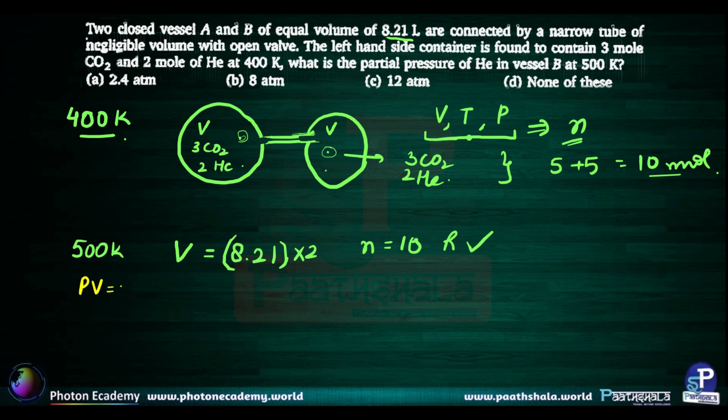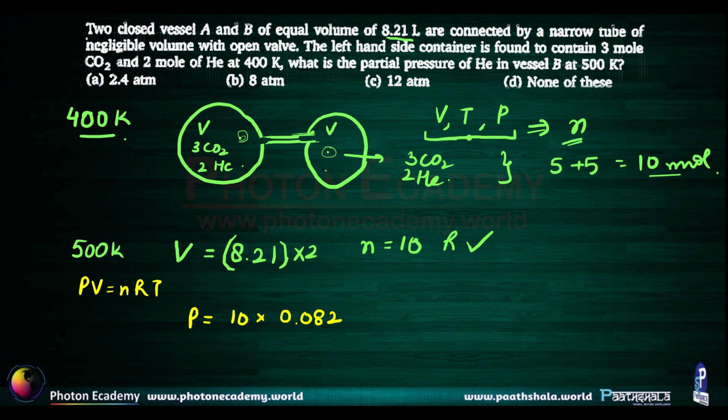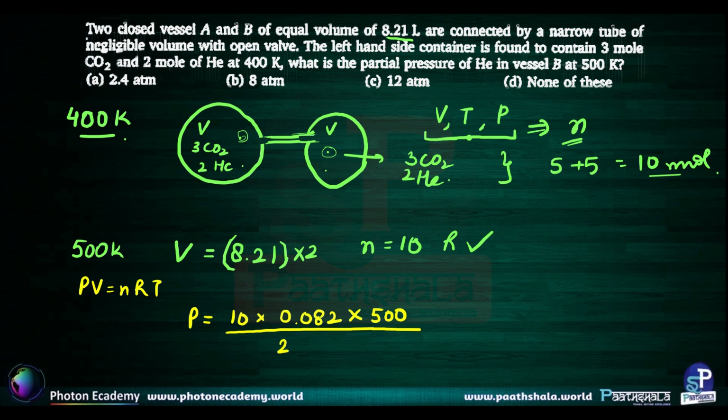Using PV = nRT, P is equal to n, which is 10, times R. We'll take R to be 0.082, because we have been given the volume in liters. So 10 into 0.082 into the temperature, 500 Kelvin, divided by the volume, which is 2 times 8.21.